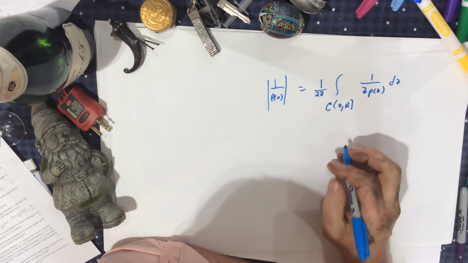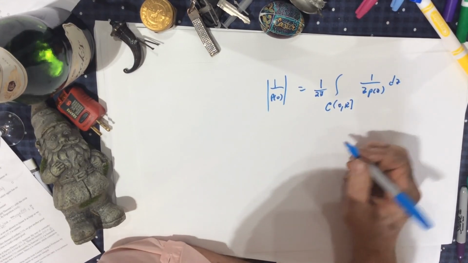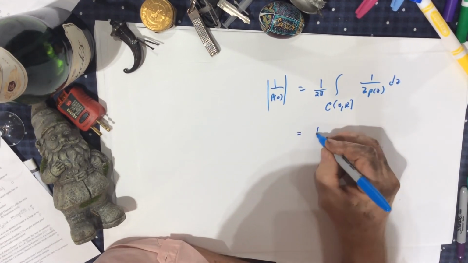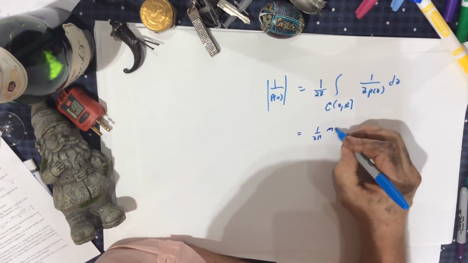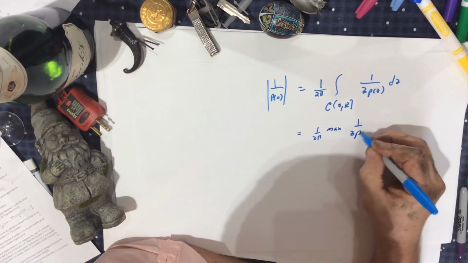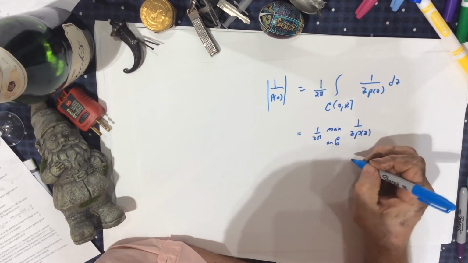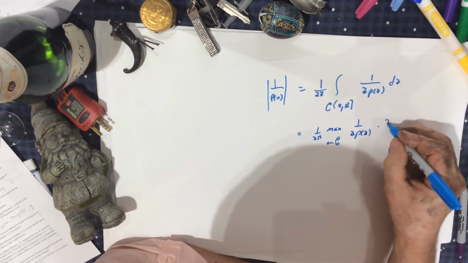We're writing it this way. And now we're going to use the ML theorem. So this is going to be less than or equal to the maximum of 1 over z p of z on the circle, times the length of the circle, which will be the 2 pi r.